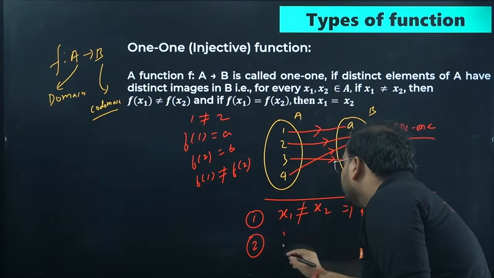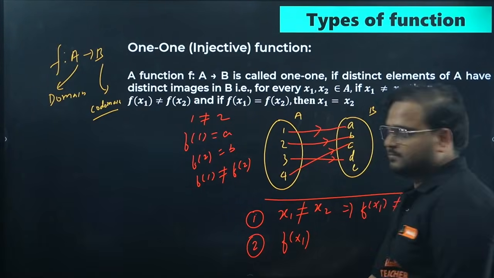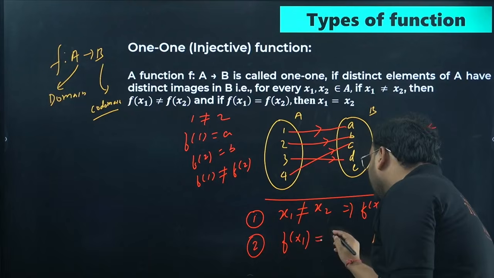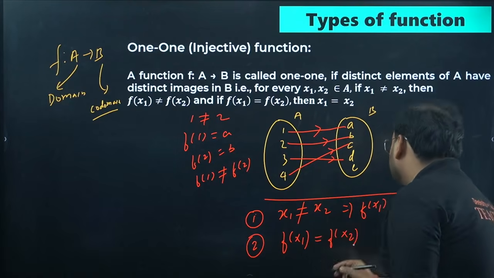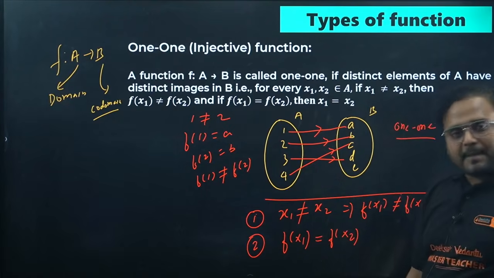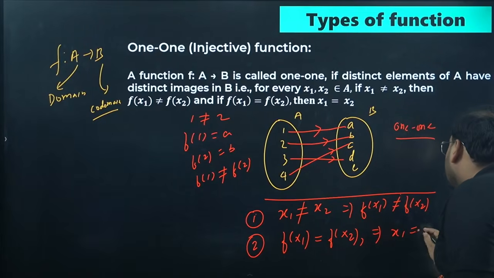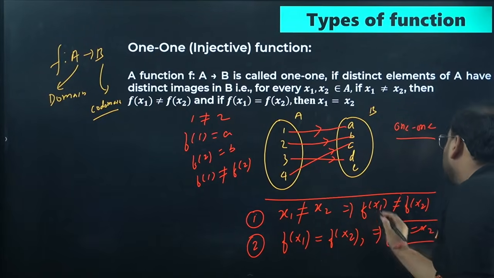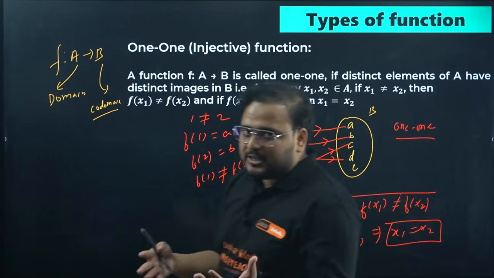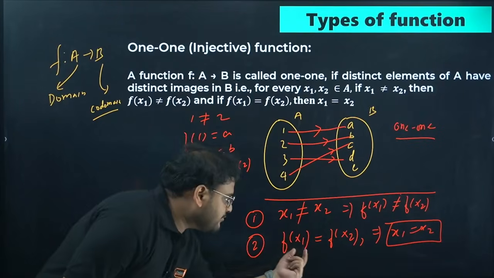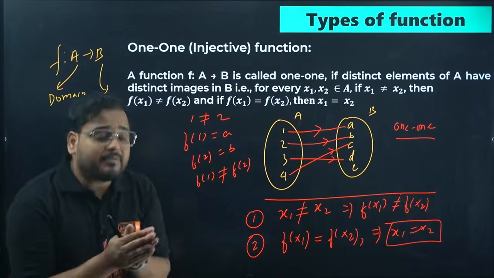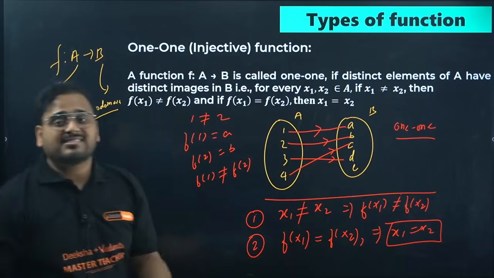If you have f of x1 equal to f of x2, then this means that x1 has to be equal to x2. When you say that f of x1 is equal to f of x2, what it actually means is that the points x1 and x2 are the same.